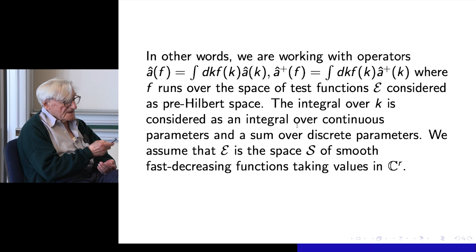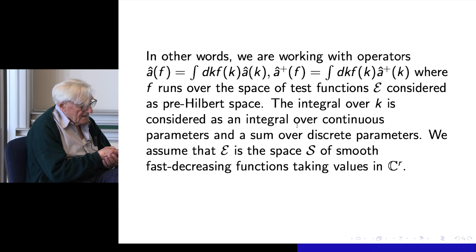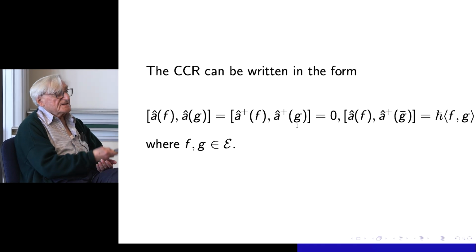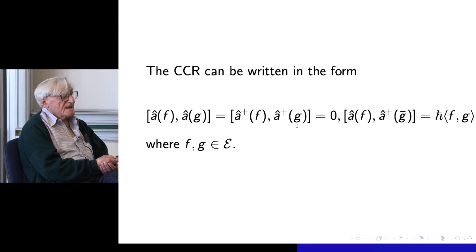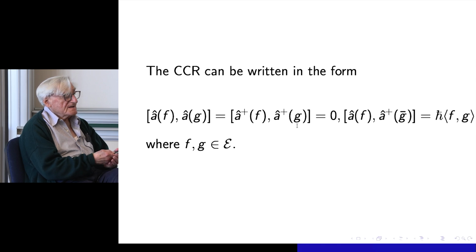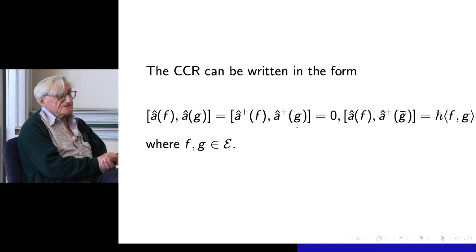So therefore, the picture that I have is as follows. I have operators AF and A star G that satisfy commutation relations written here.